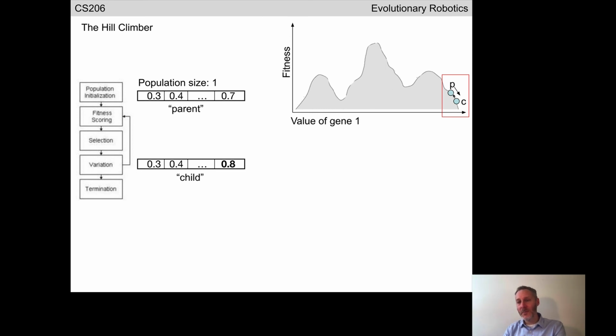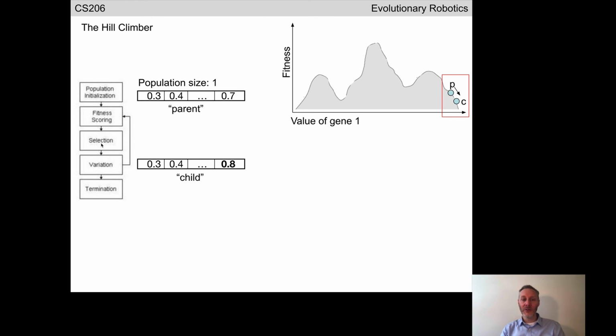Let's assume that this parent lands at this particular point in the horizontal surface of the landscape. We compute the fitness: we take the phenotype of this solution, which could be a Braitenberg vehicle, and we measure how well it does at the task. And let's imagine this parent genome gets this fitness value, kind of a low value. So far, so good? Okay.